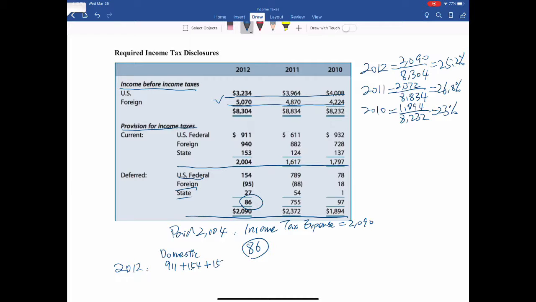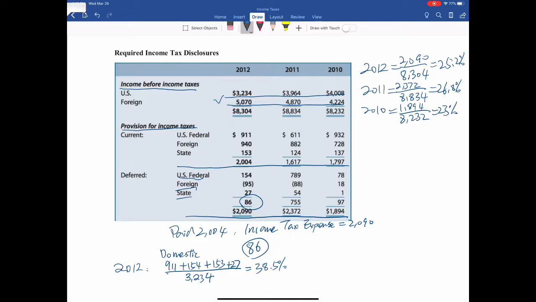State is 153 and deferral is 27. So that's the total tax expense in 2012 in the United States, divided by the income before tax earned in the United States, which is 3,234. We get an effective tax rate in the States of 38.5%.